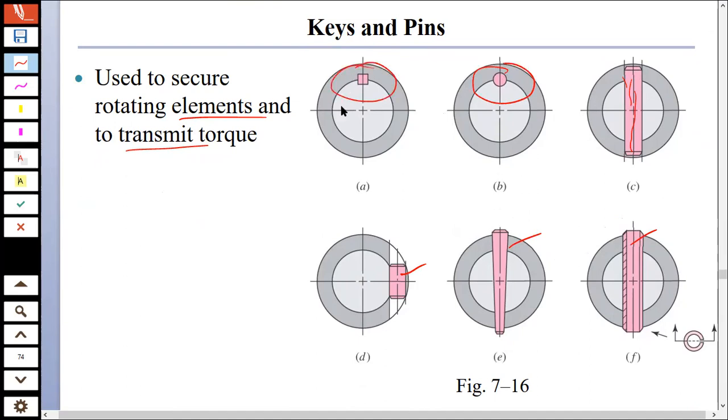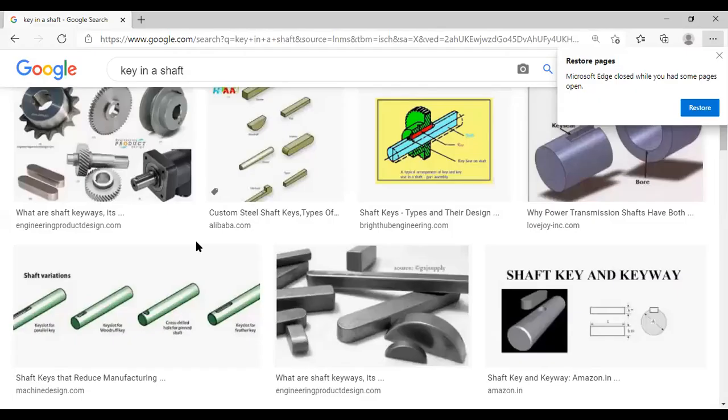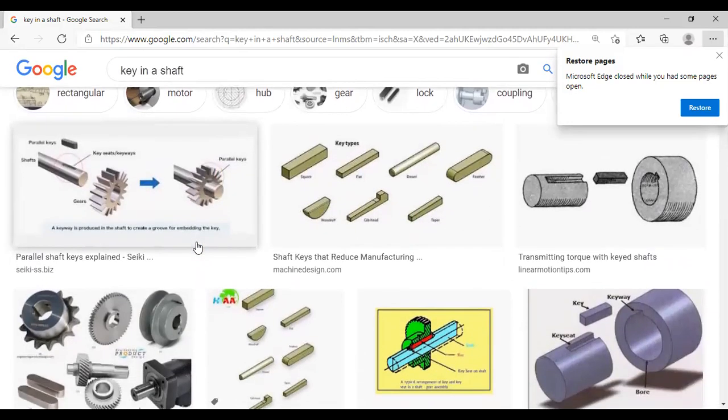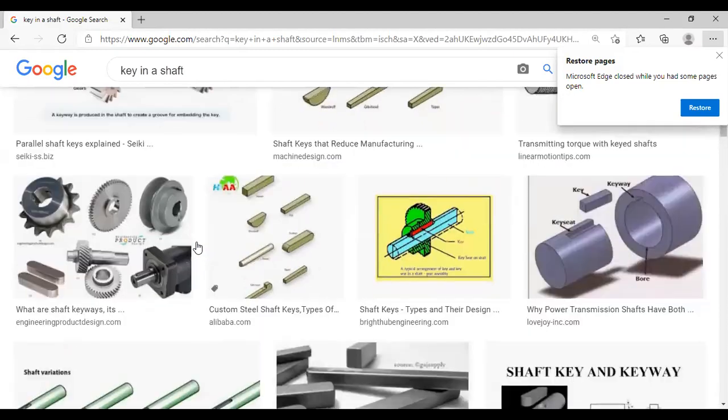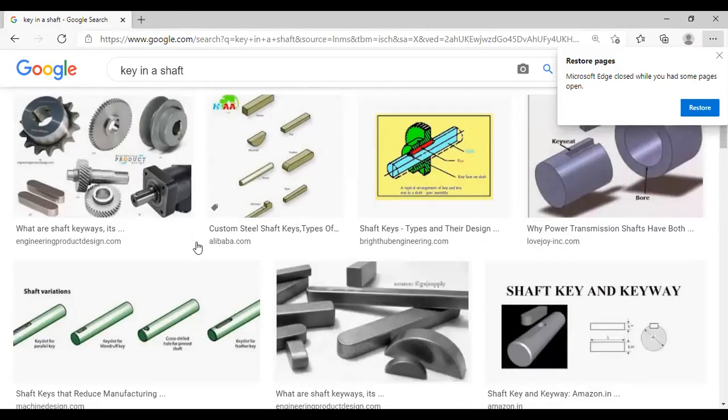Let me see if I can find a real example. Do you see these pictures over here? Yes, sir. These are keys. And especially looking at this picture, you see that these are some sprockets.